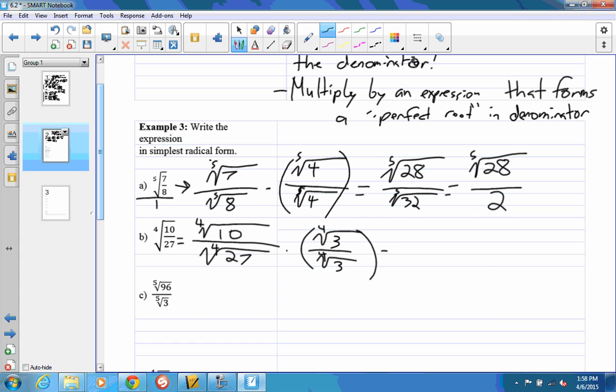Okay, leaving me with the fourth root of 30 over the fourth root of 27 times 3, folks? 81, which I'm going to change to 3. Rational.